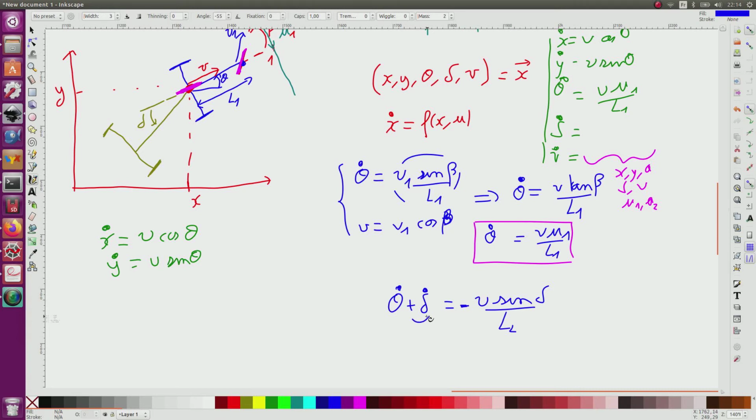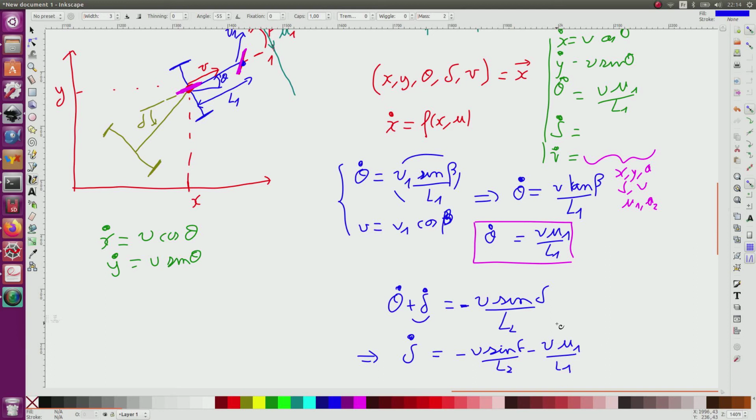So I can isolate this one, and I will get delta dot equal to minus V sine delta divided by L2 minus theta dot, which corresponds to V U1 divided by L1.